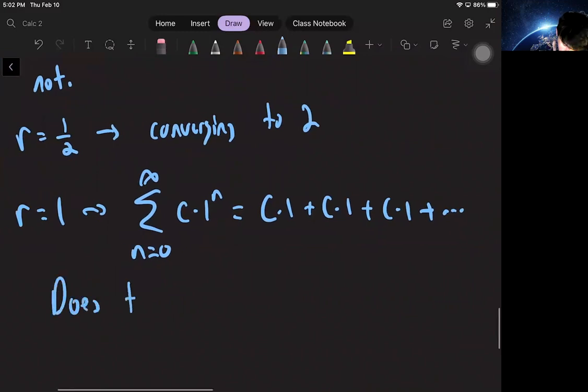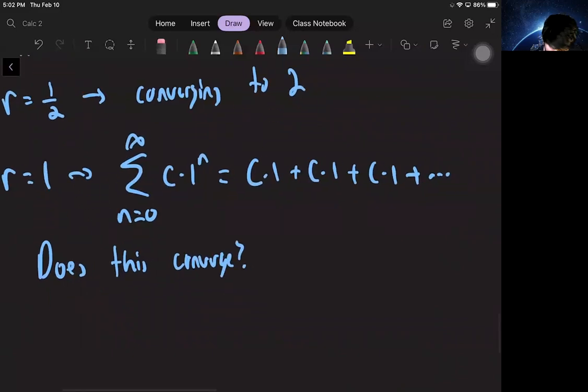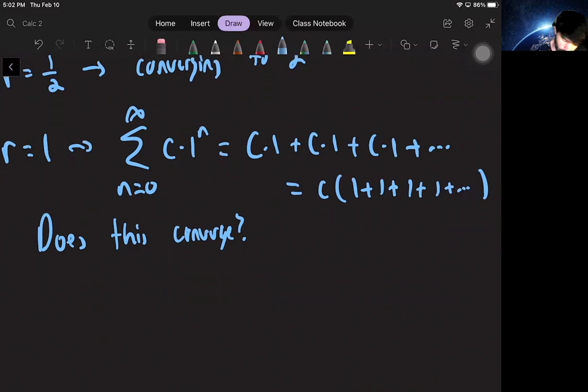No. Why not? Well, we're just adding up a number a bunch of times, but you can also think about it as if I just add the number 1 a bunch of times, that's already too big to converge. That's already going to add up to infinity. So no, this diverges.